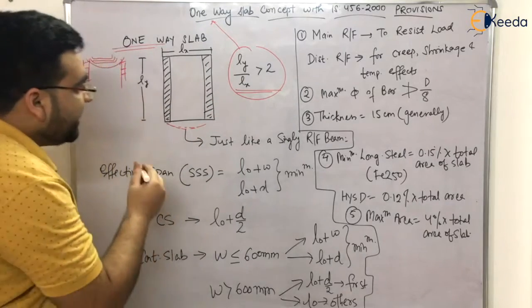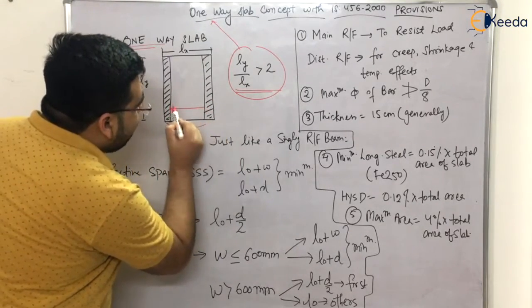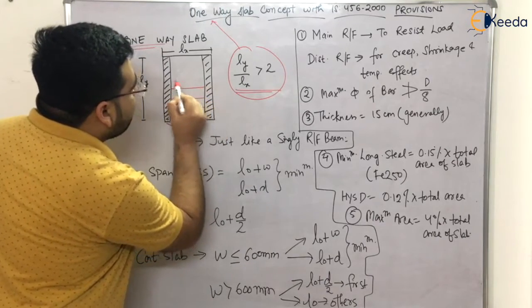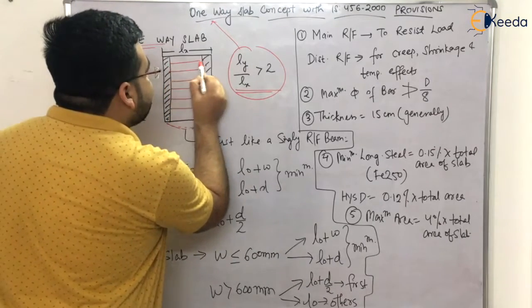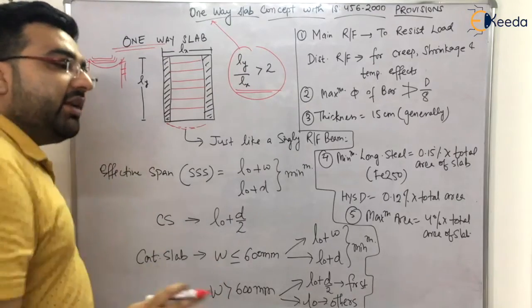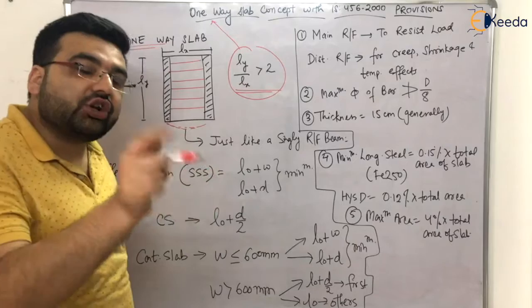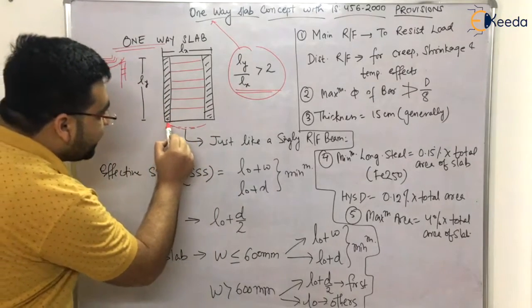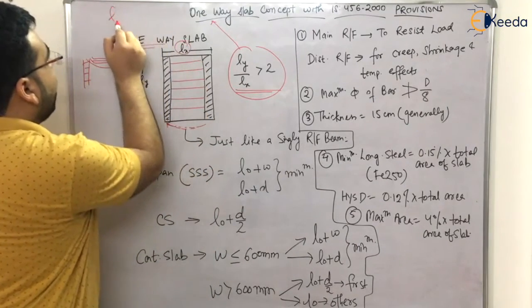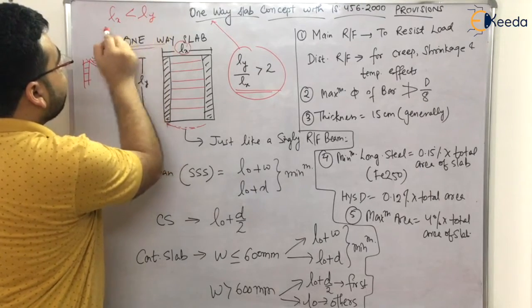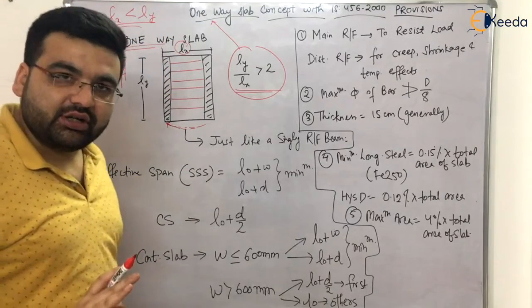Simple, right? It means that the main reinforcement should be provided like this. This question has been asked in many theoretical examination questions: the main reinforcement in a one-way slab is in the shorter direction or the longer direction. So which direction is this? This is the shorter direction. So Lx is smaller than Ly.